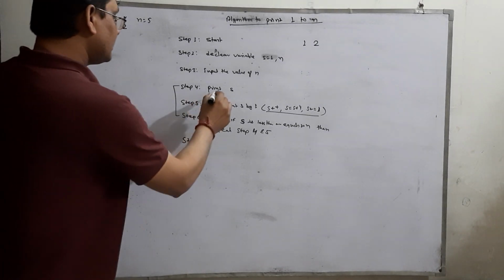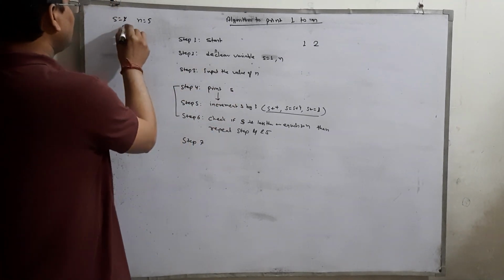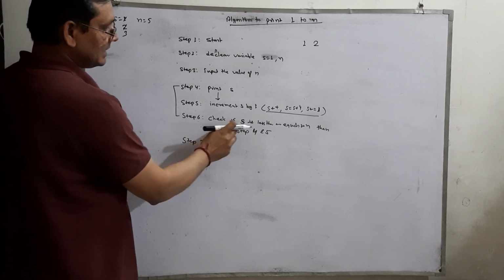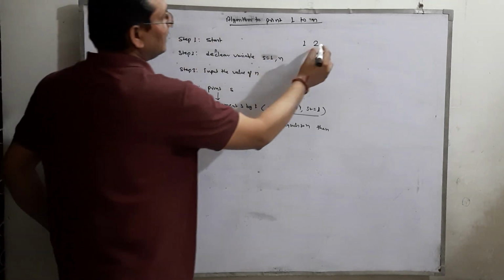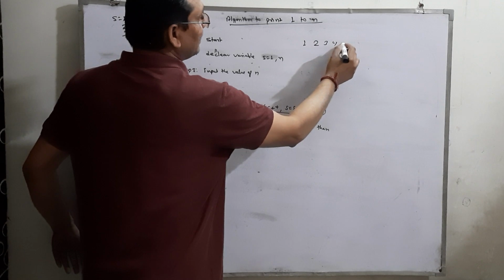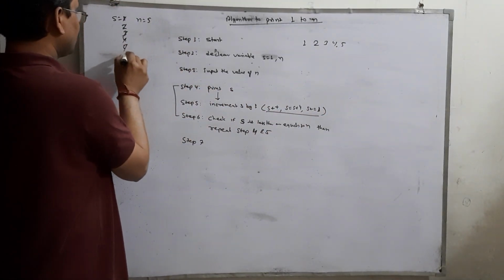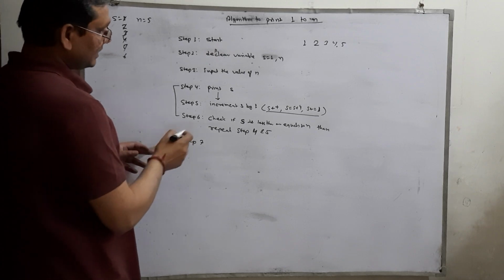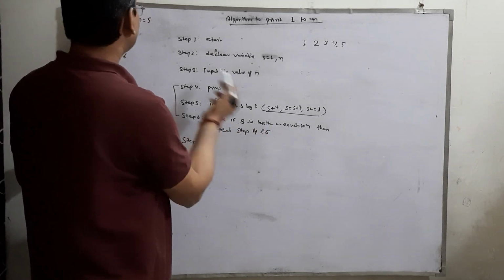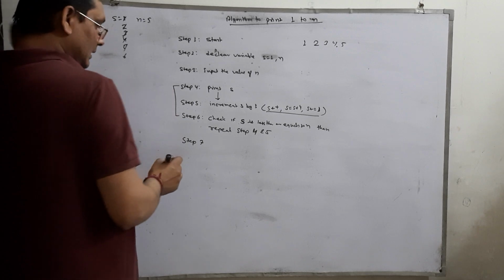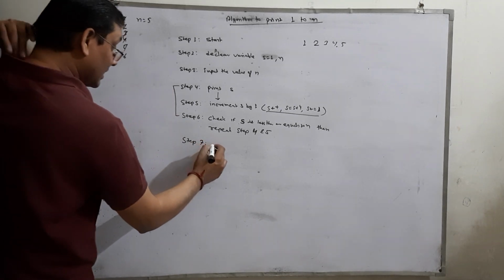Then again increment s by 1. s becomes 3. s is less than or equal to 5? Yes, it will print 3, 4 and 5. After printing 5, it will become 6. And it will check, 6 is less than or equal to 5? No. Then it will go to the next step, that is stop.